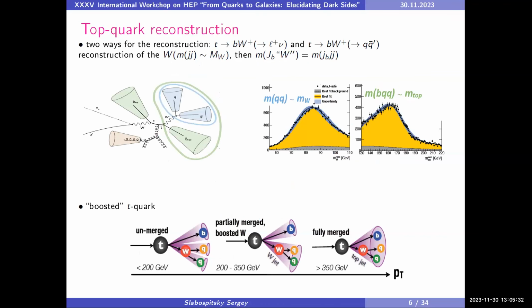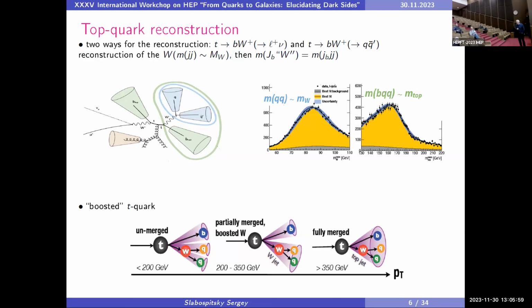This is a typical picture for top quark reconstruction. On the left side, you see the top decays into B jet and W, which also decays to a charged lepton pair, and some irradiation may produce light jets due to irradiation for the top production processes, and the pure hadronic case when the W decays to light quarks.